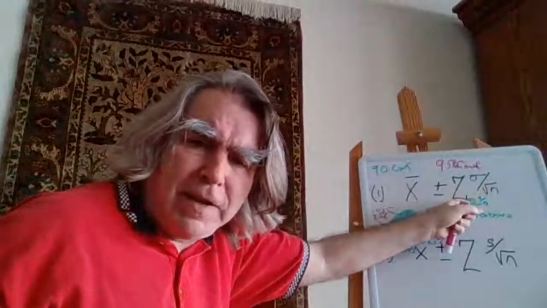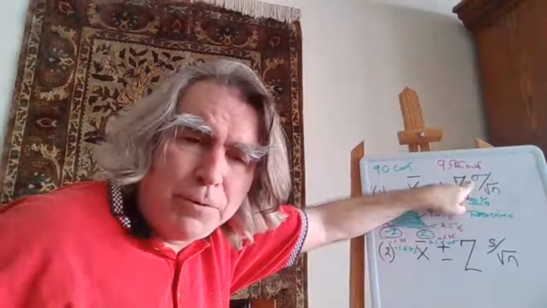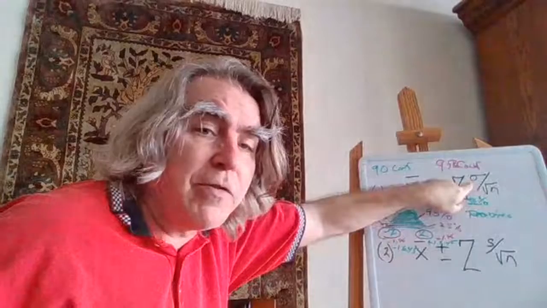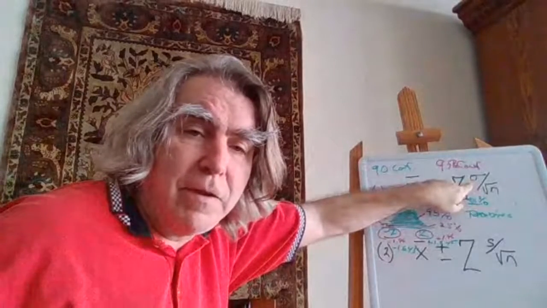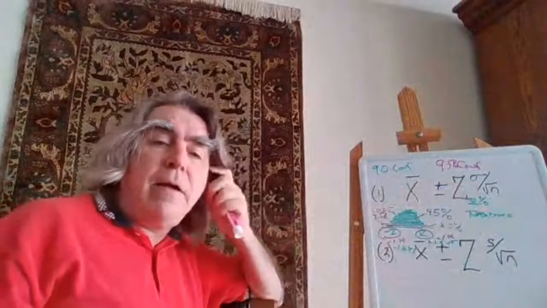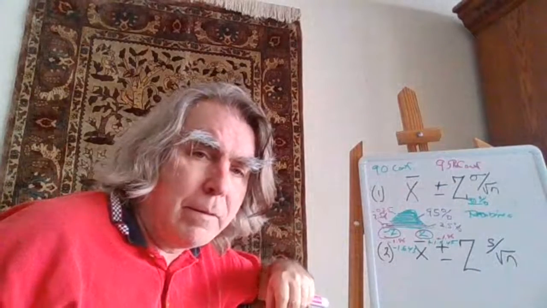So we know what that is. We can look that one up in the back of the book. This, what I'm pointing to, is the z. The sigma is given to us by the problem. Somehow God spoke to us and we know what the sigma is for this population. And n is the number of observations in our sample.